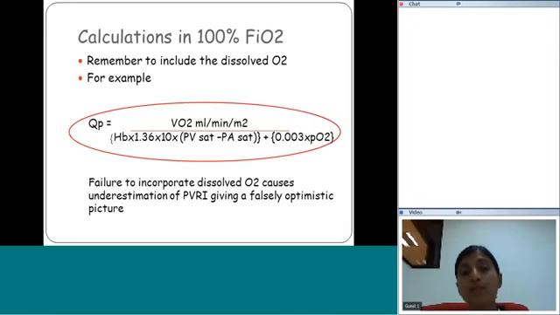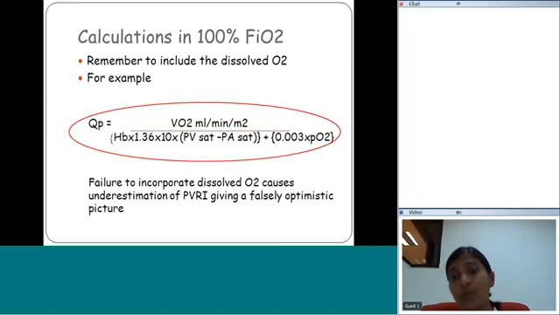Actually, sorry, what you need to do is this 0.003 times PO2 calculation for pulmonary vein and pulmonary artery. So this formula needs minor modification. I should have 0.003 times PO2 of the pulmonary vein minus 0.003 times PO2 of the pulmonary artery. Okay, I hope this is clear.